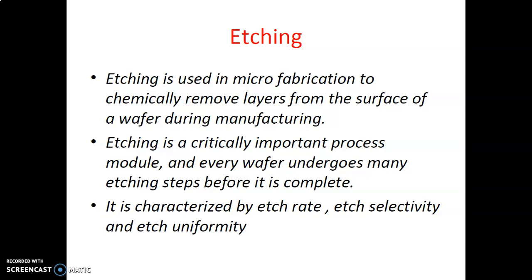If we take a simple example, we have a number of layers and we want to etch all the layers. That is not possible manually. You cannot etch each and every wafer manually.